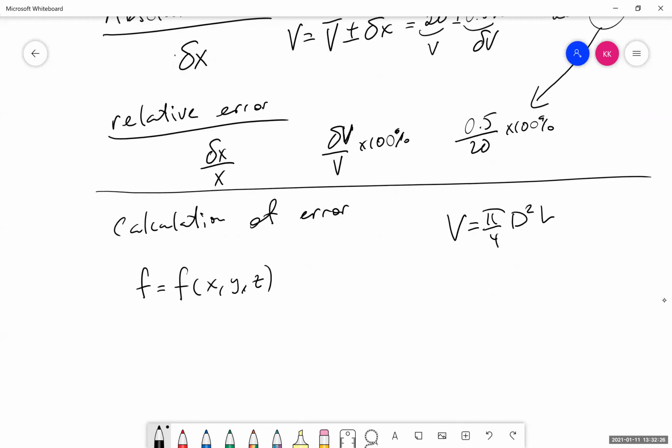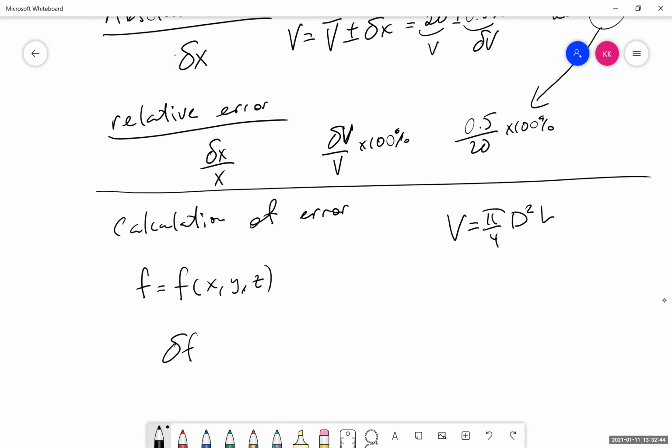All right. So to calculate the absolute error of this quantity f, let's say delta f, there's a template equation. In a way you can think like this.